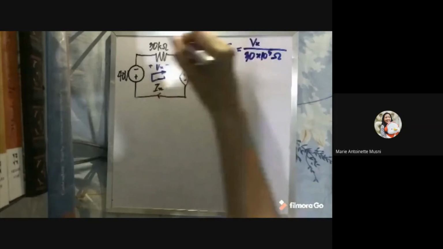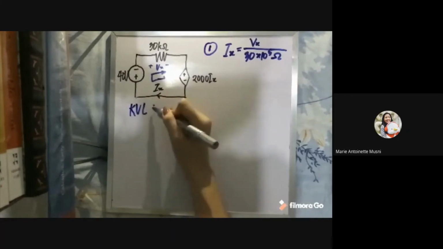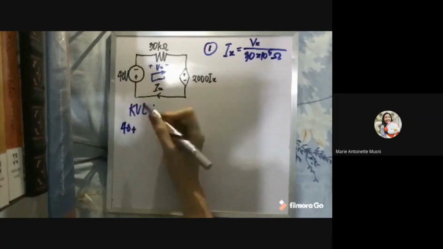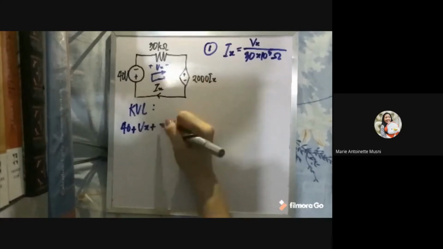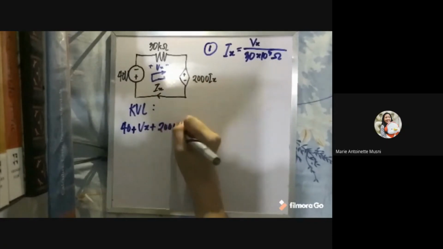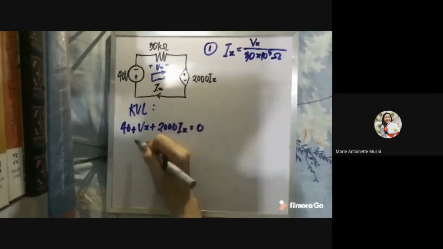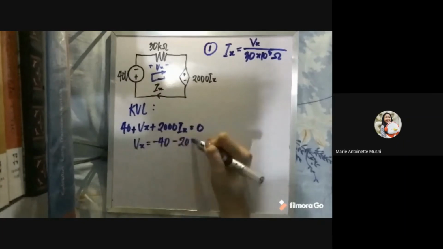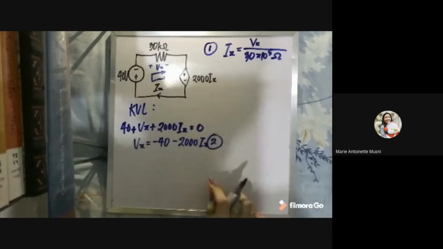So by KVL, we get 40, since we're entering the positive terminal, plus Vx, positive terminal again, and again positive terminal, so all positive signs, plus 2000 Ix equals 0. Let's make this an equation for Vx, so Vx equals negative 40 minus 2000 Ix. This can be our second equation.